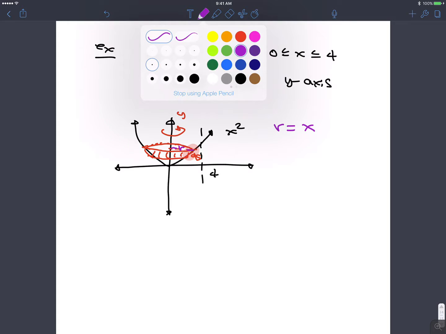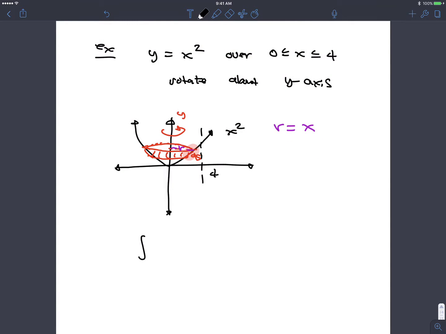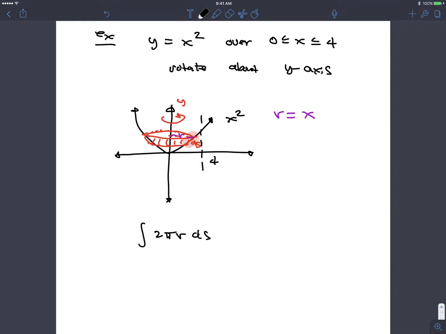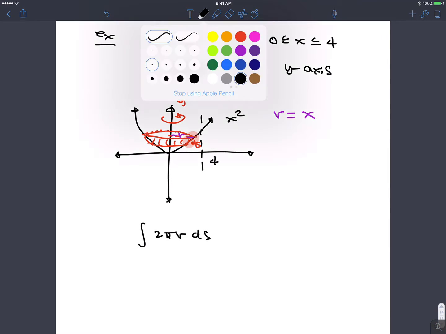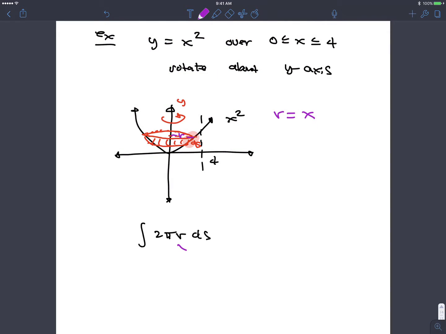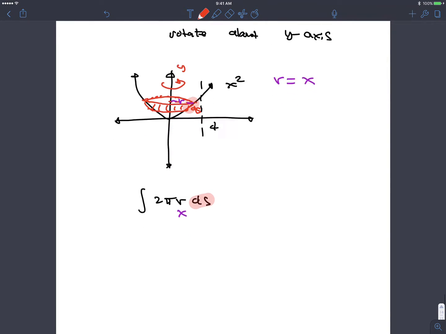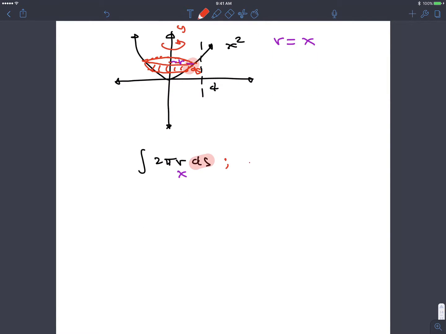So in the formula, integral 2 pi r ds, what's going to happen now with r, my radius? That's an x. That's not y. That's x. Okay, you guys okay with that? So how does that change things? I still need a ds. Which ds do I use?